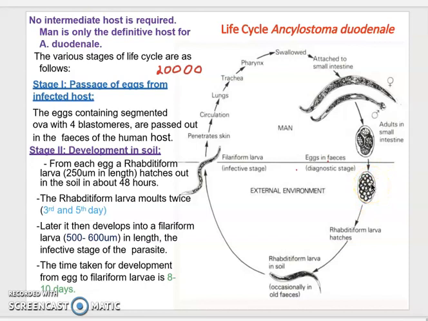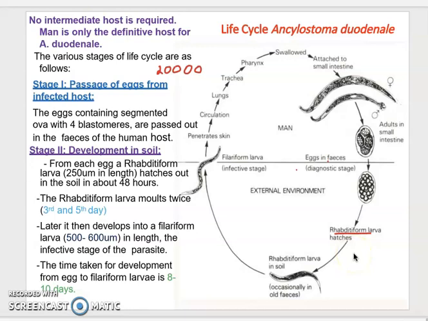The eggs complete their development inside the soil, and in about 48 hours the embryo hatches. The embryo is called a rhabditiform larva, a juvenile form that leads an active life, feeding and growing for some time.